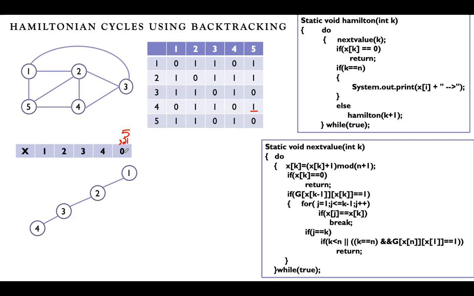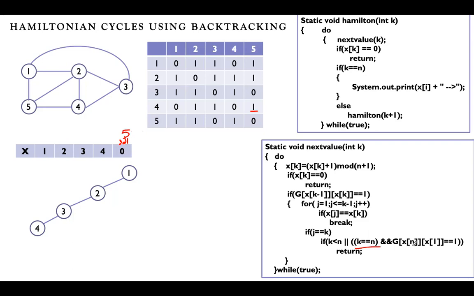Once you insert 5, see this is the last location, that is k is equal to n. N value, the number of vertices, is 5. K is equal to 5. This last condition, k is equal to n: when k is equal to 5, then you have to check one condition.